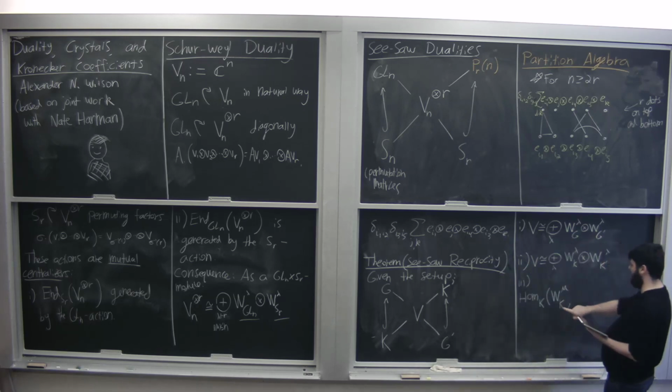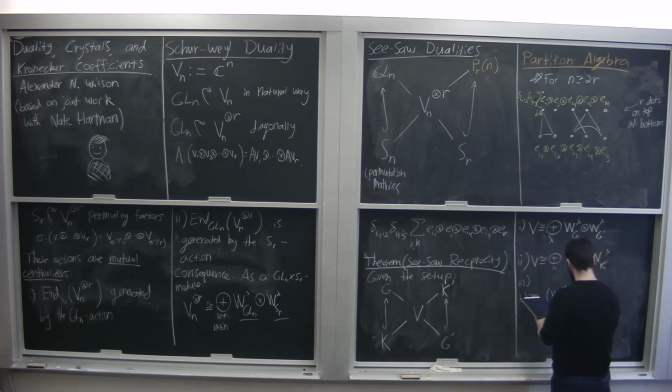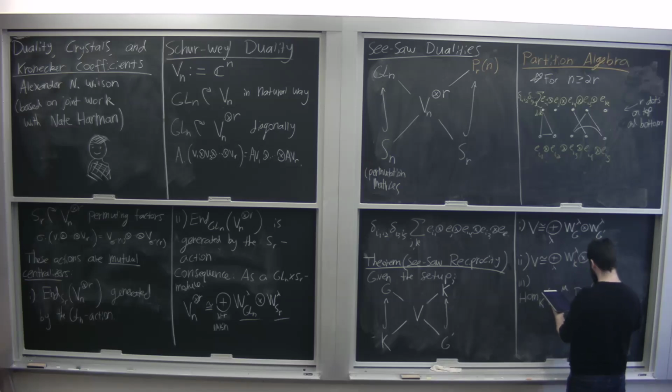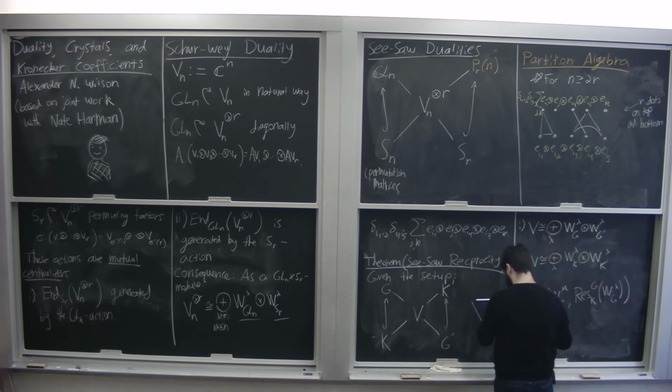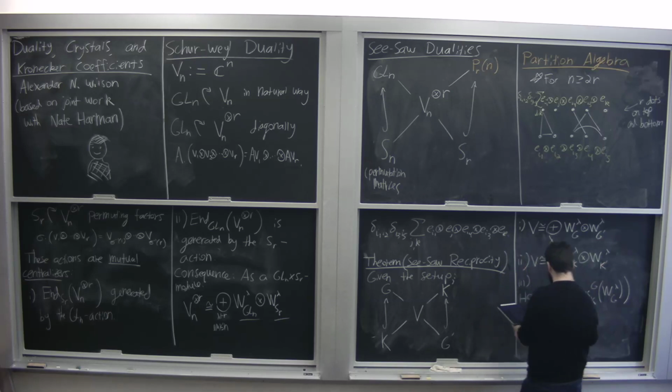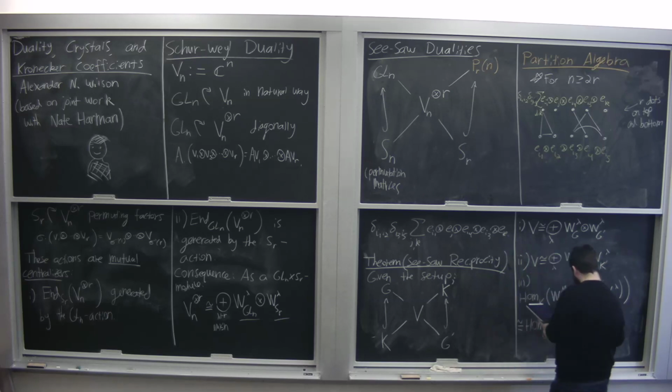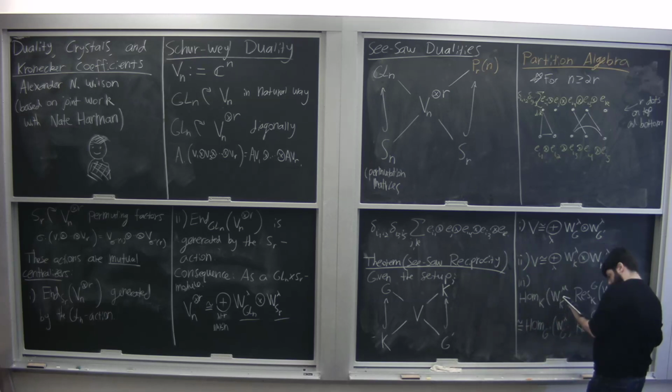So the homomorphisms from W_K mu to the restriction from G to K of W_G lambda is isomorphic to the G prime homomorphisms from W_G prime lambda to the restriction from G prime to K prime of W_K prime mu.